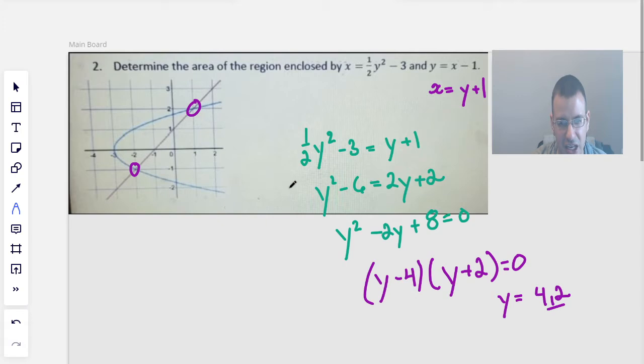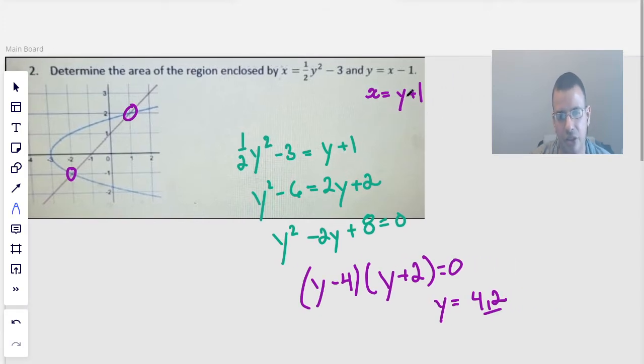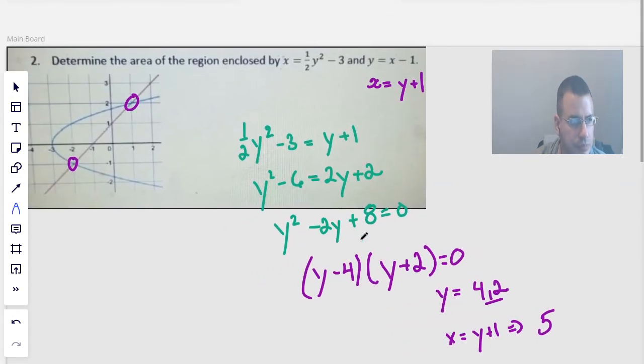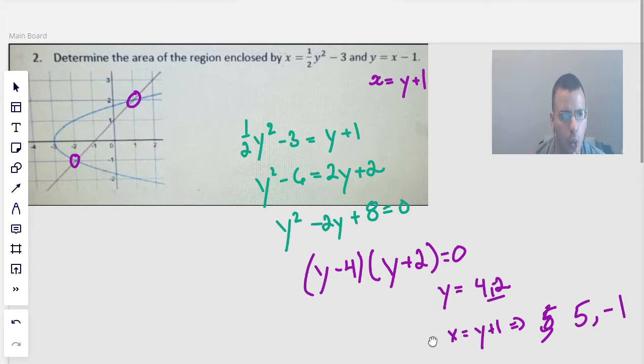That doesn't look anything like the graph. So if x equals y plus 1, then x is going to be either 5 or negative 1.